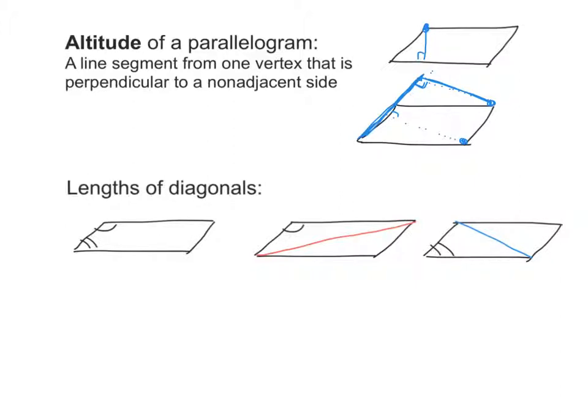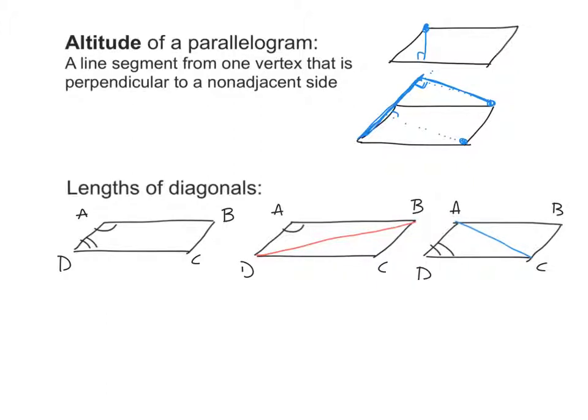Now, lengths of diagonals. So what do we know about lengths of diagonals? For example, I'm given this parallelogram here with this angle and this angle. We can tell from the picture that this one's probably bigger, so let's go ahead and say that this angle is bigger than this angle. If I label this, it says A, B, C, D. Go ahead and label these as well.